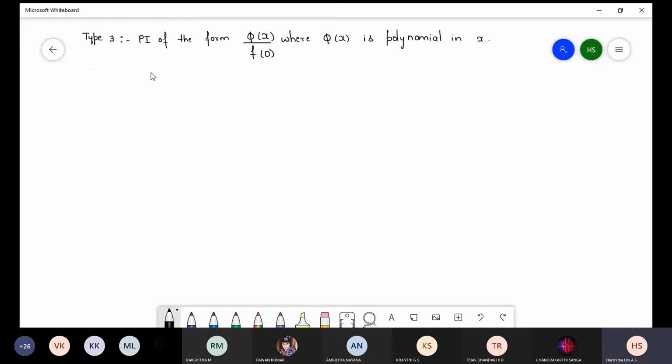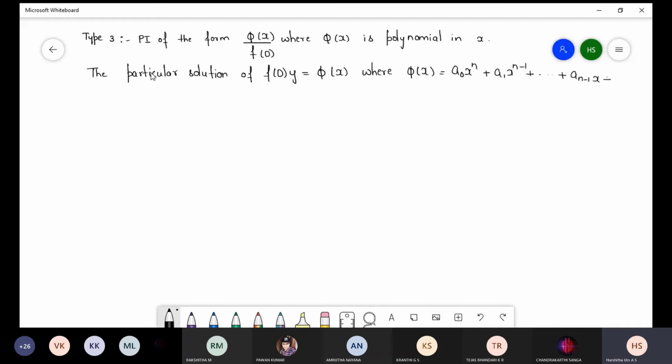So the particular solution of f of D of y is equal to phi of x, where phi of x will be in the form a naught x power n, a1 x power n minus 1, up to a n minus 1 x plus a n.